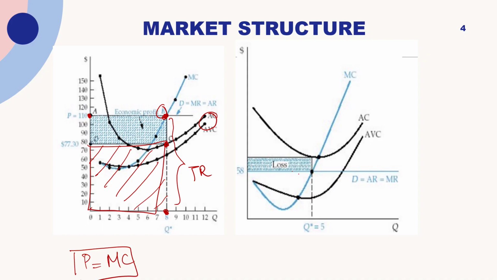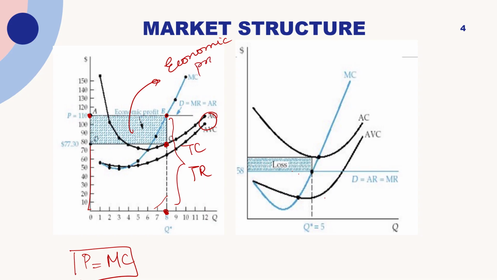So TR minus TC, this part, will be your economic profit. Let me erase all of this. So this part will be your economic profit. And in the second graph, we can see that the P is equal to MC point is somewhere here, and here, so this part is the loss.